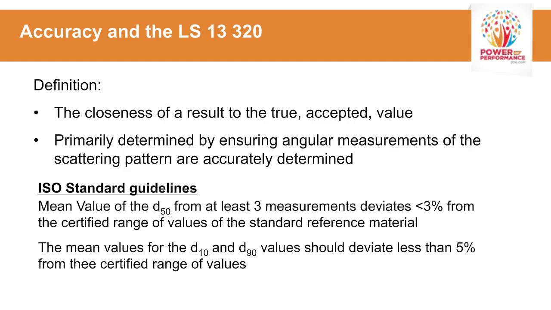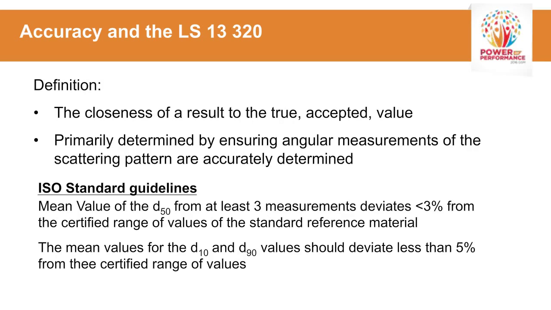In the ISO standard, this is defined as being able to measure the D50, the median size, get 3 measurements, and the deviation from the certified value should be less than 3%, which is pretty generous by our standards.